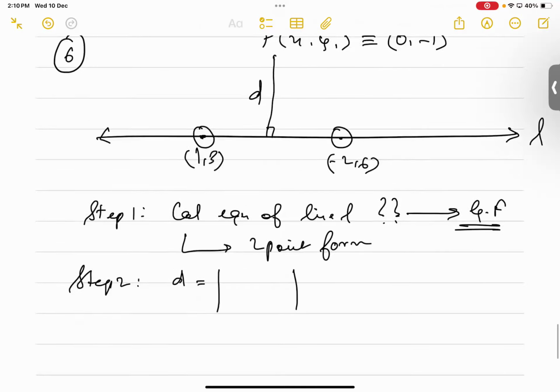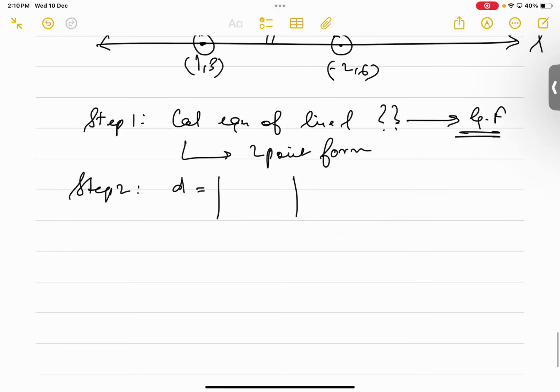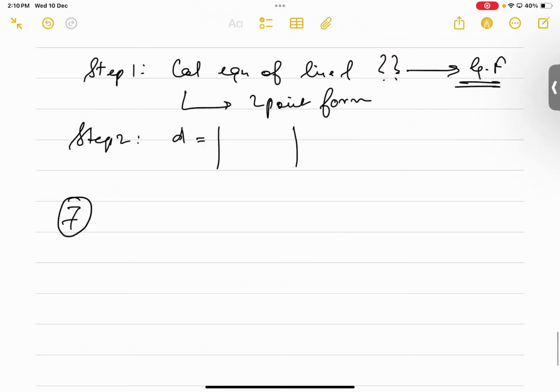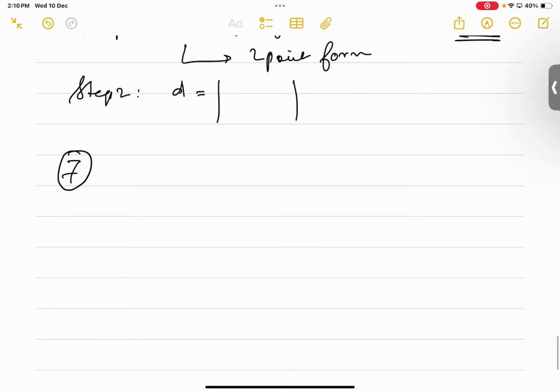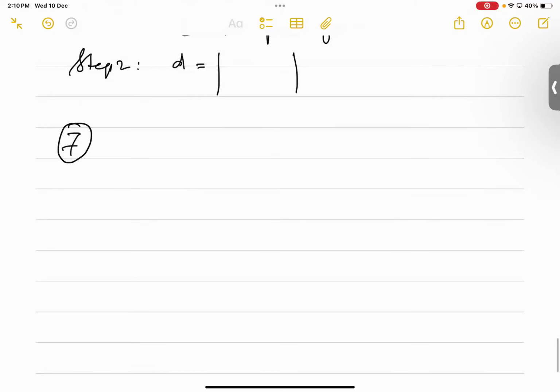Okay, let's go to question number 7. Read the problem very clearly. I hope everybody has the question. 3 points are the vertices of a triangle. Find the length of the perpendicular from A to BC and hence find the area of ABC.